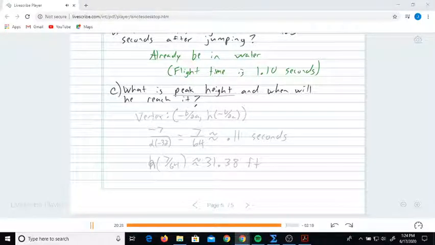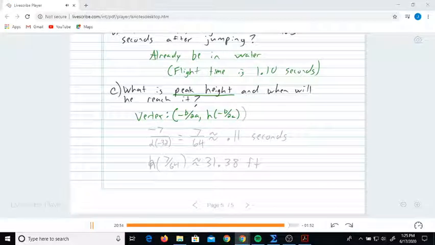So let's go ahead and compute the vertex. So it's at negative b over 2a, which is negative 7 over 2 times negative 32. So it's going to be basically 7 divided by 64, which, there's our x value. So that's around 0.11 seconds.